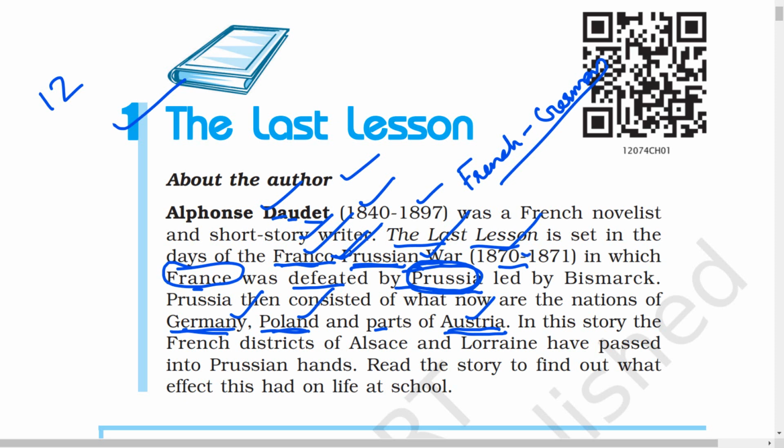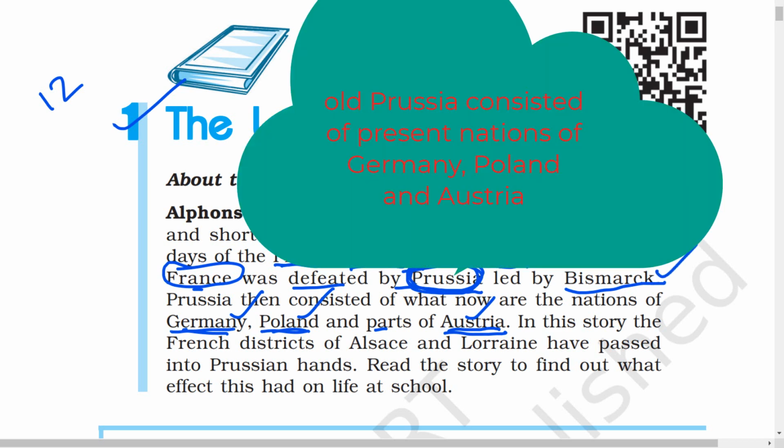But in 1870, Germany, Poland, and parts of Austria together consisted of the country named Prussia. So the Prussians, led by Bismarck, the German ruler, defeated France.